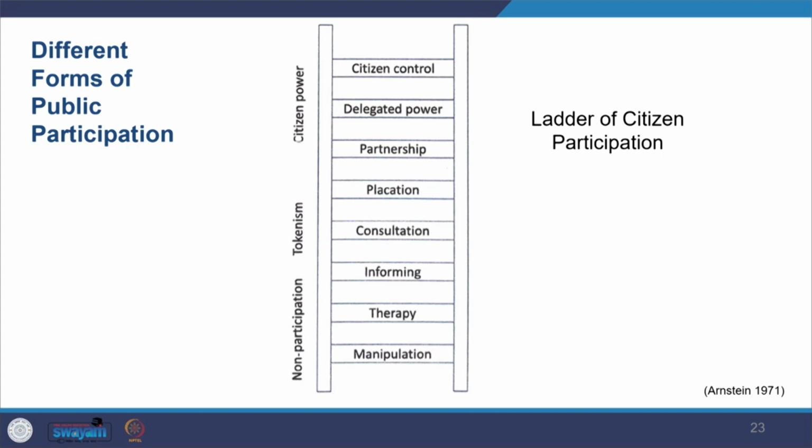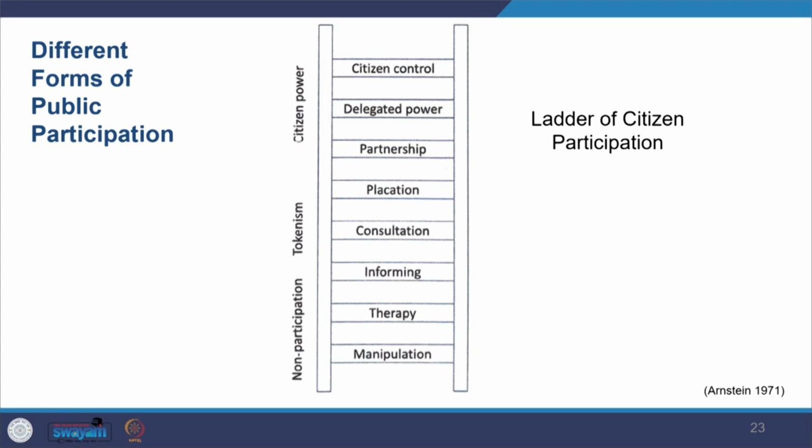Then there's another level which is like therapy, where you just do it for the namesake, or the informing level where you just inform people. In consultation you really take their input. And then you have another level, partnership, where you share the benefits, you share the problems, and you have an agreement.